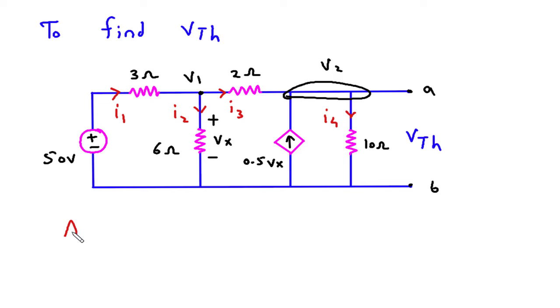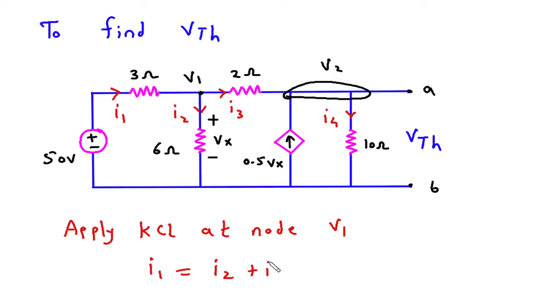Now we will apply KCL at node V1. So entering currents are I1, which is equal to I2 plus I3. Now this I1 is equal to, let's say this is a reference node, 50 minus V1 by 3.